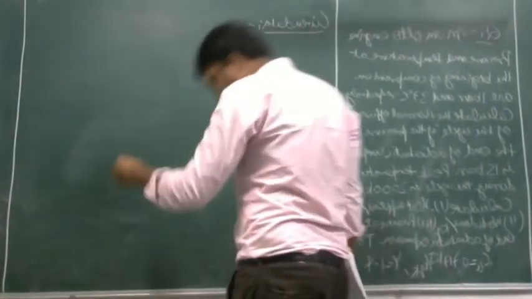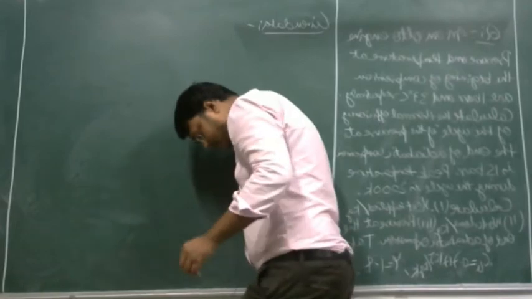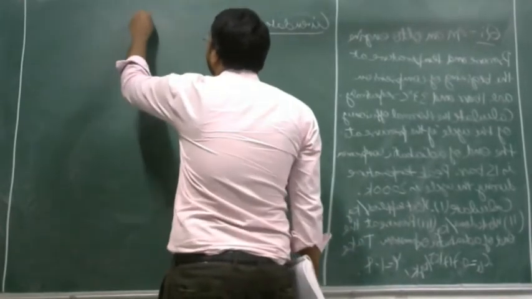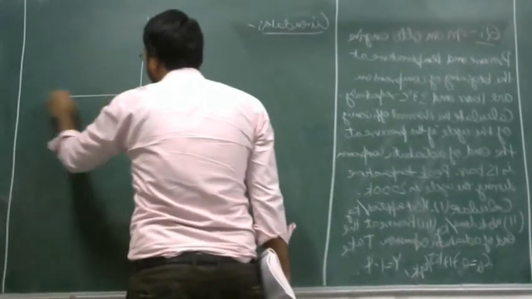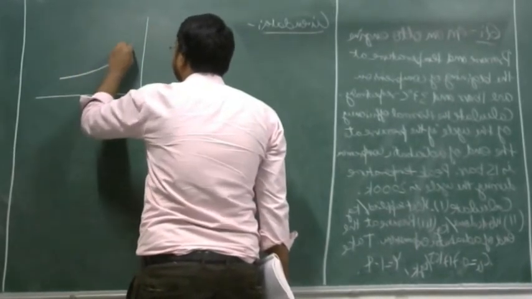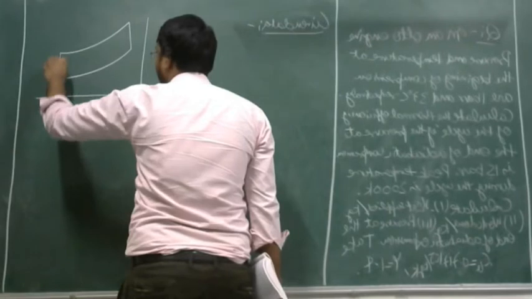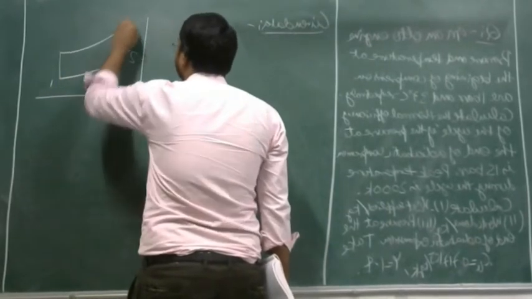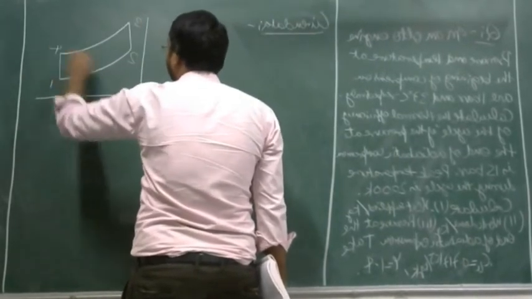Now, at the beginning of compression means draw the PV diagram here. This is the PV diagram, with points one, two, three, four.